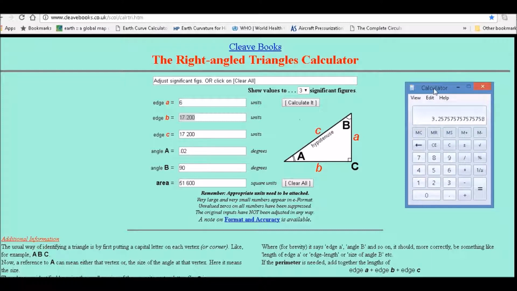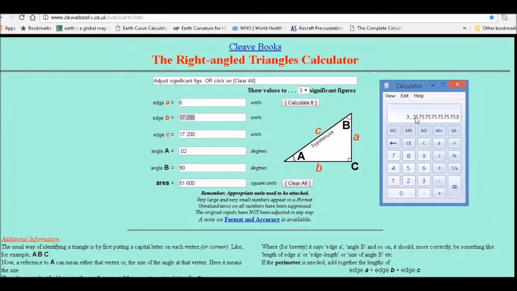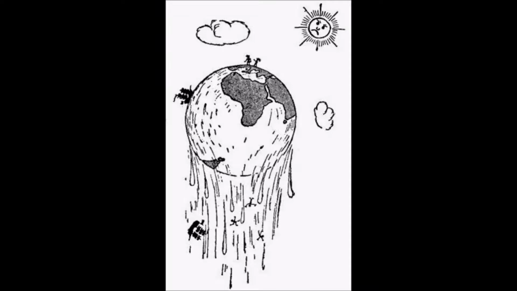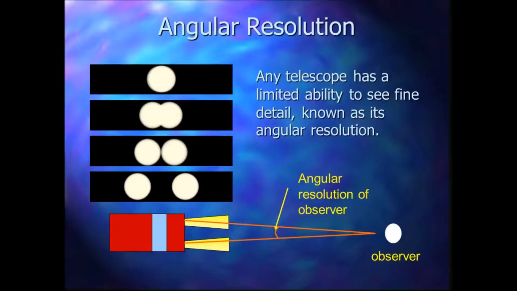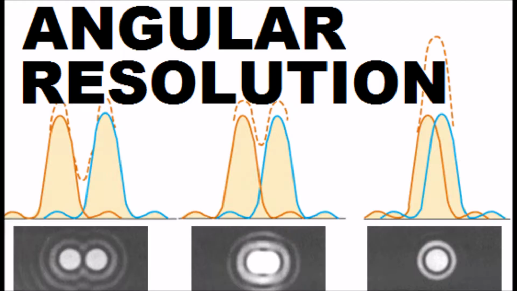There it is. We have the distance to the horizon, which is due to the angular resolution limit of our eyesight, not a magical ball cliff that ships are going over. And this angular resolution limit of approximately 0.02 is the resolving power of your eye, and it is also the limit beyond which the light waves will diffract because the angle is too small.